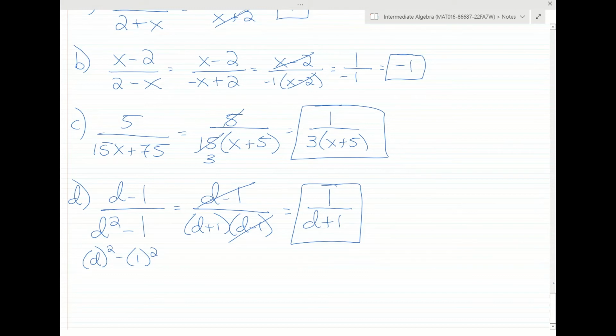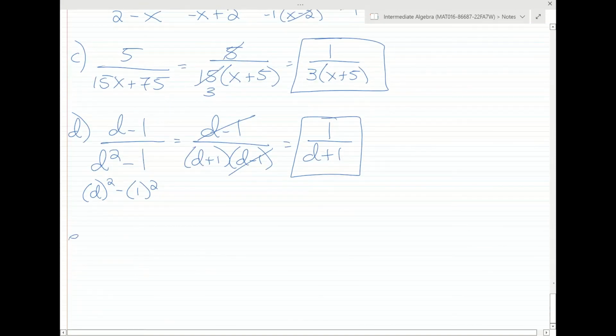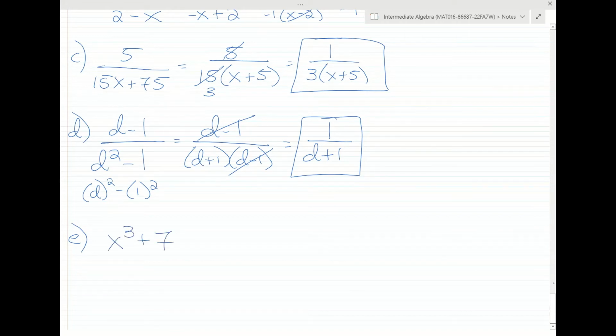Try a couple more here. What if we had x to the third plus 7x squared over x squared plus 2x minus 35.